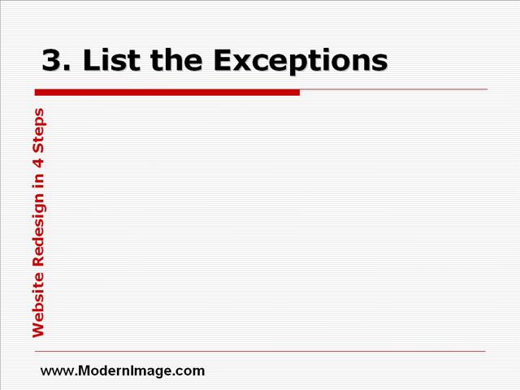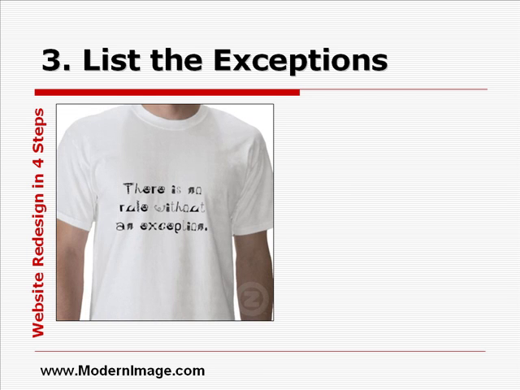And then thirdly, just list all of your exceptions. So before completely eliminating an item, you'll want to investigate your off-site assets. For instance, are any of your active PPC campaigns referring to a particular landing page, or are your linking partners linking to a page that will get renamed? So take a look at your traffic analytics to determine which off-site sources are driving traffic and exactly where they're sending that traffic.